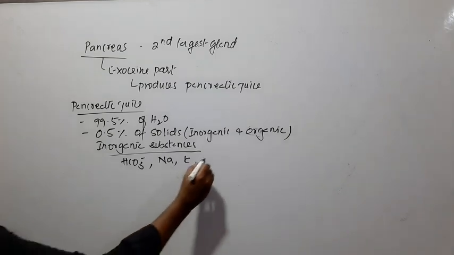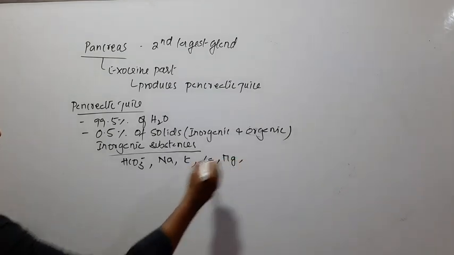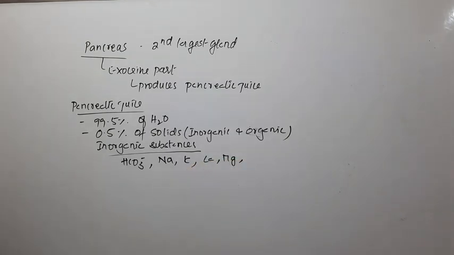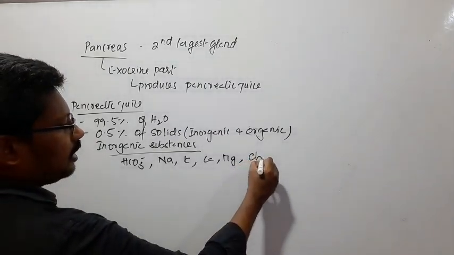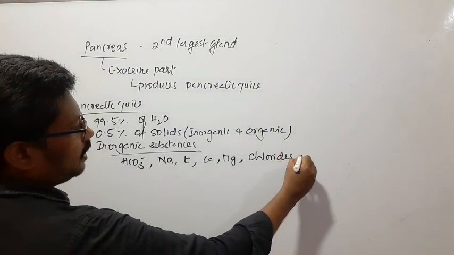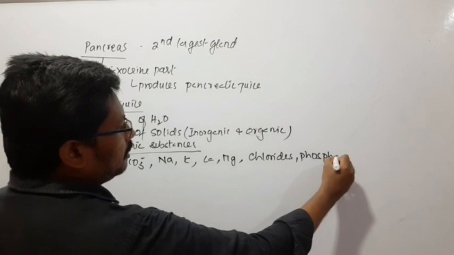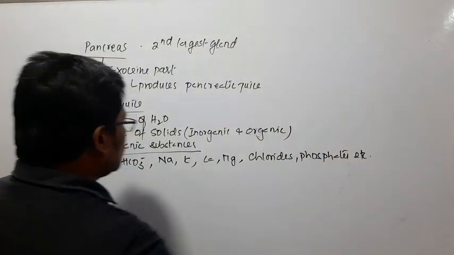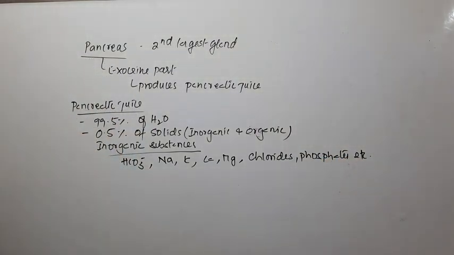The inorganic substances present in the pancreatic juice include bicarbonates, sodium, potassium, calcium, magnesium, chlorides and phosphates.